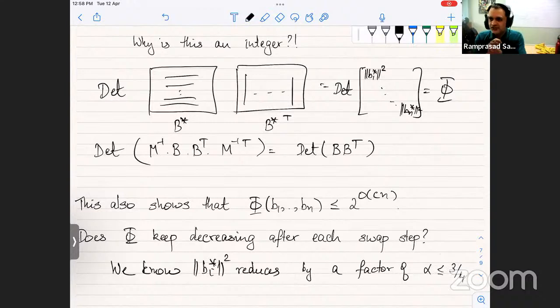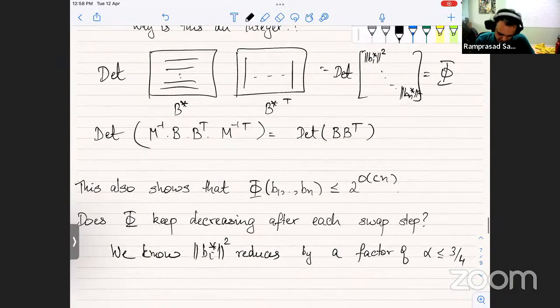We said, does doing the swap make the ith Gram-Schmidt vector smaller? So the question is, what about bi plus 1 star? Varun was asking, does this increase? Turns out it does increase.